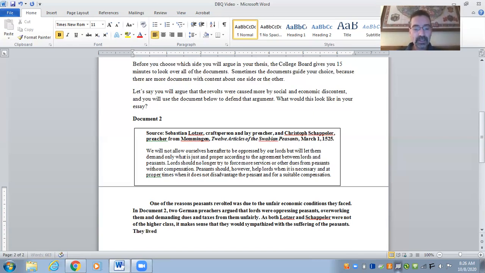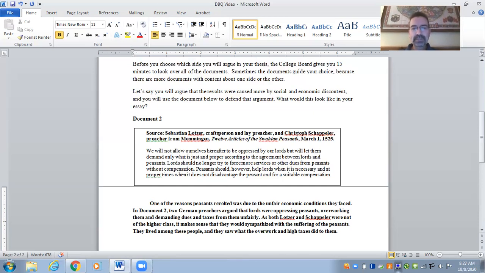They lived among these people, and they saw what overwork and high taxes did to them. So I think I've made it pretty clear now that there is a clear reason for these two to be sympathetic to peasants, having lived among them.